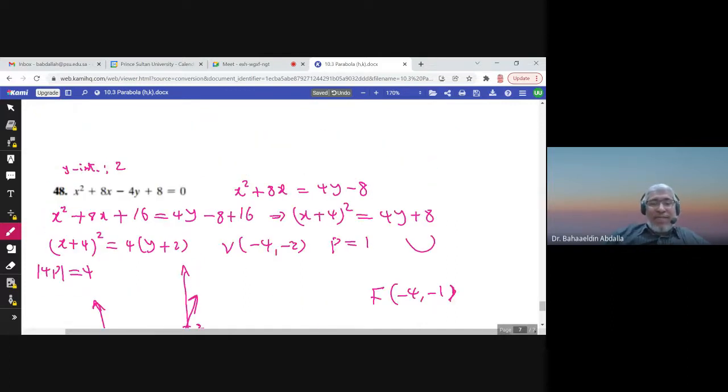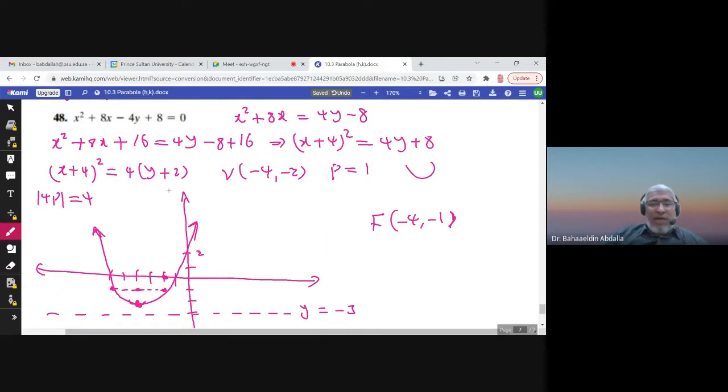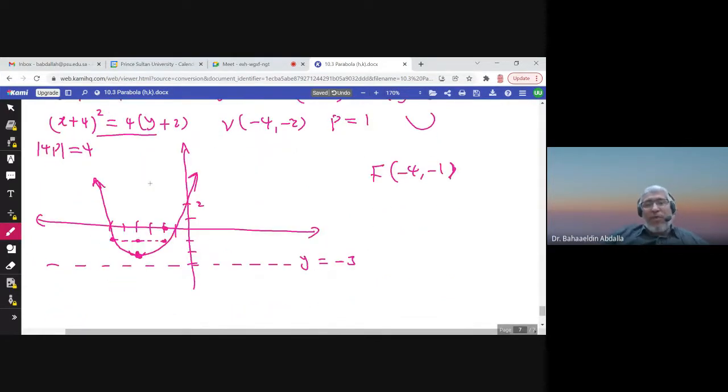And for x-intercepts, you solve a quadratic equation. I like finding the x-intercepts from here, because I'll have (x + 4) squared equals 8 when y is 0. Then x + 4 would be plus or minus square root of 8, and x would be negative 4 plus or minus square root of 8, or 2 square root of 2.